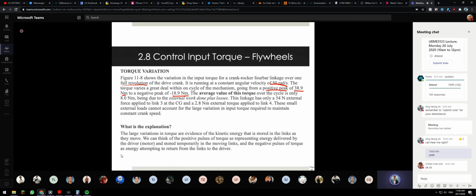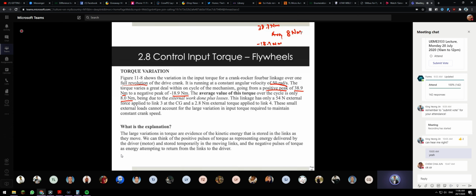The average value of torque over the cycle is only 8 Newton meters. So you can compare: the peak is 38.9 Newton meters, the lowest is minus 18.9 Newton meters, but the average torque over this whole cycle is only 8 Newton meters.